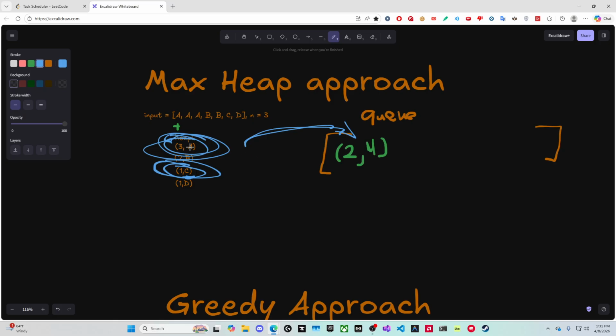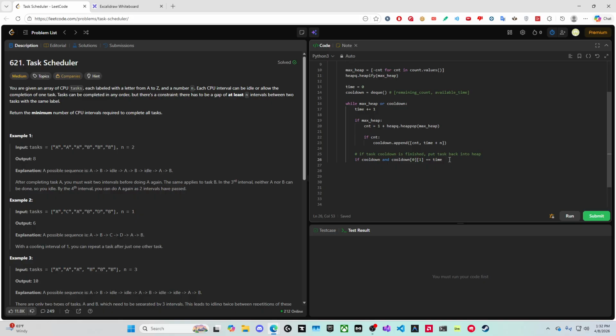For example, when we use an A up, we put 2 here because we only have 2 A's remaining, and it'll become available at time 4. So whenever time is equal to 4, that means this particular task is off cooldown, so we remove it from here and put it back here. That's all we're doing.